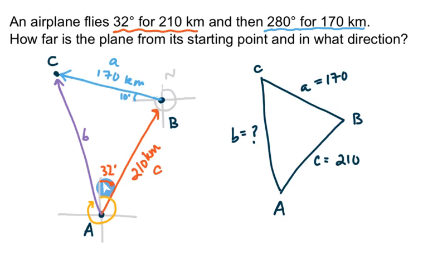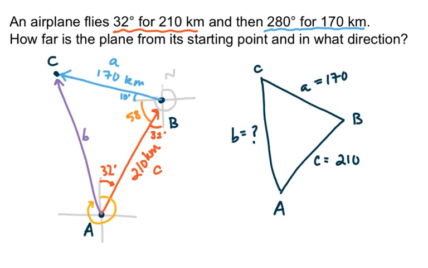So since I know between this vertical line and my vector C here, I have this angle 32, I also know that this little angle right here is 32. So interpreting that, if that's 32, then this must be 58.